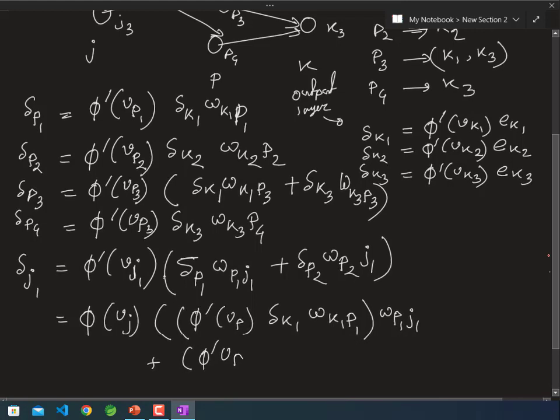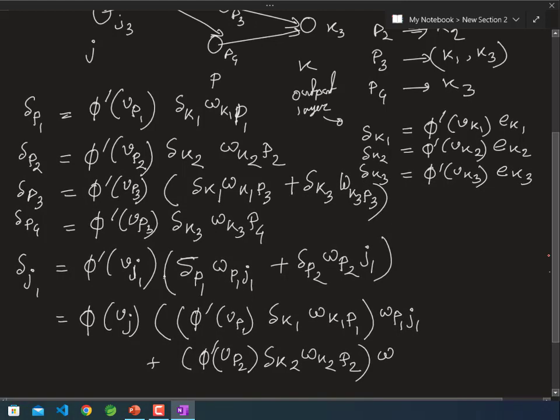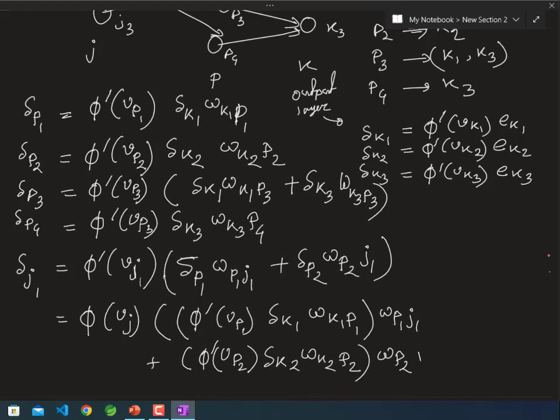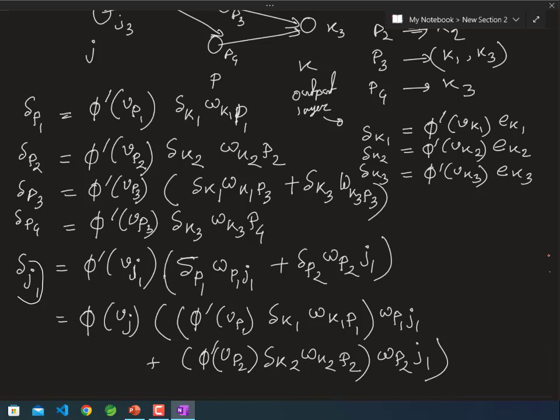Phi prime V P2, multiplied with delta K2 W K2 P2, and this is multiplied with the associated weight W P2 J1, and this is added up with this one, and then they are multiplied with phi prime of V J. So thus the J1 is recursively computed with the help of K.